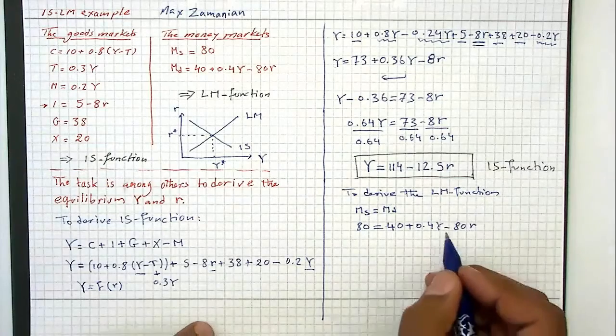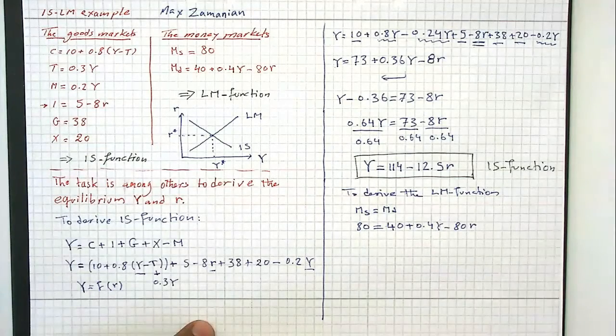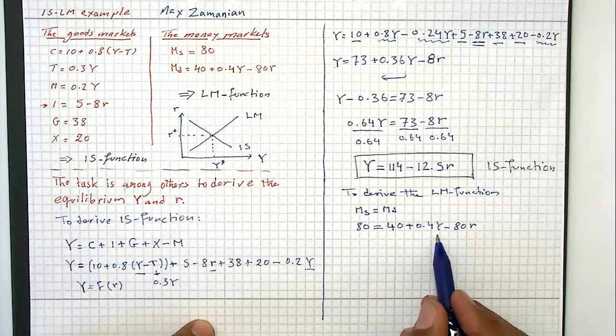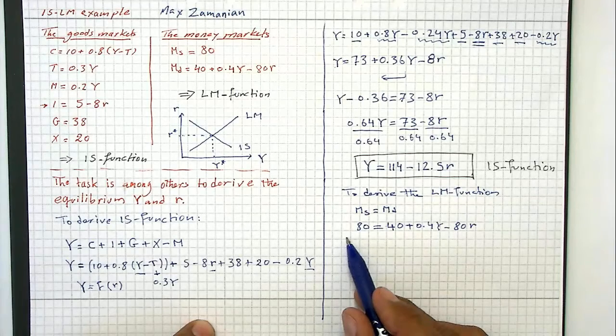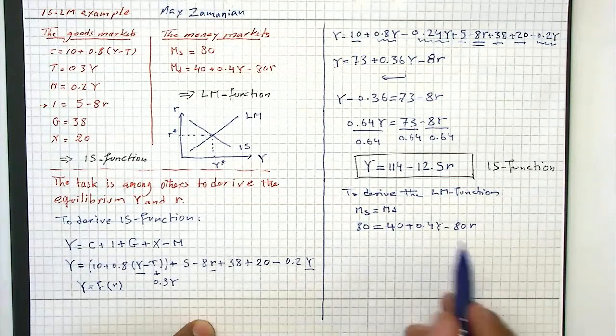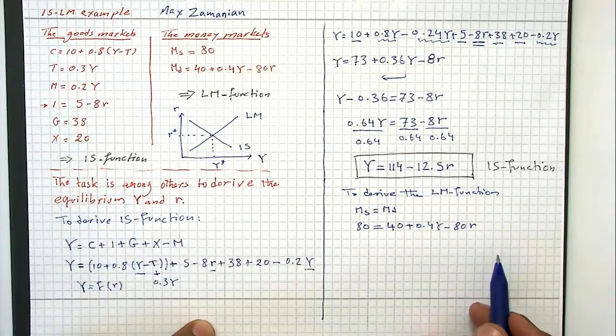In the same manner as before, we want to have y on the left hand side and the constants and the r on the right hand side.